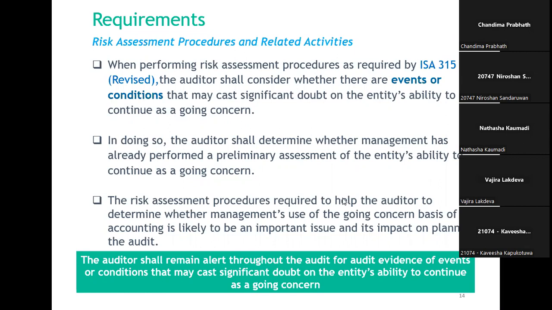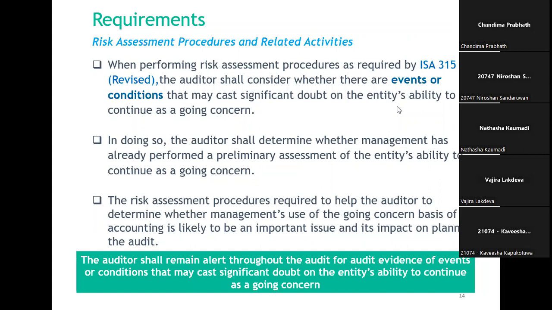Based on this, the auditor will conclude whether the assessment of going concern is a key area in the risk assessment process, and whether it has to be treated as a significant audit risk or a risk of material misstatement.